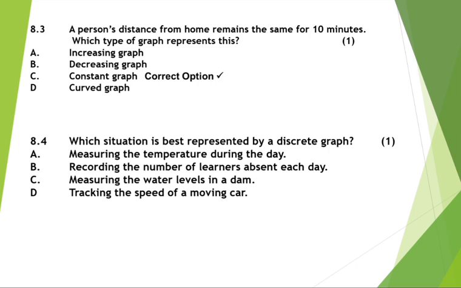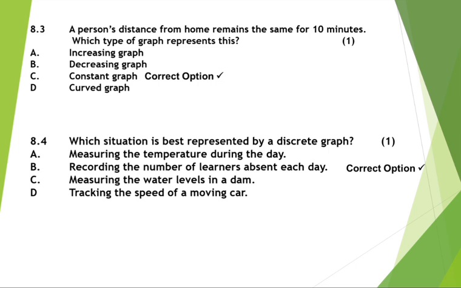Then which one is best represented by discrete data? The correct option is B, discrete data, recording the number of learners absent each day, because discrete data involves whole numbers. Measuring temperature and water level are not whole numbers.